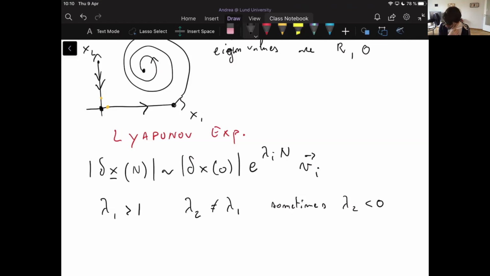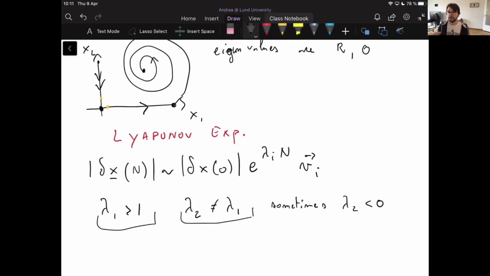Very, very often, if your map is non-trivial, you will always obtain one direction that is greater than 1 and other directions that are either smaller than 1 or smaller than 0. What one usually does when solving a system is order the eigenvalues from the greatest to the smallest.